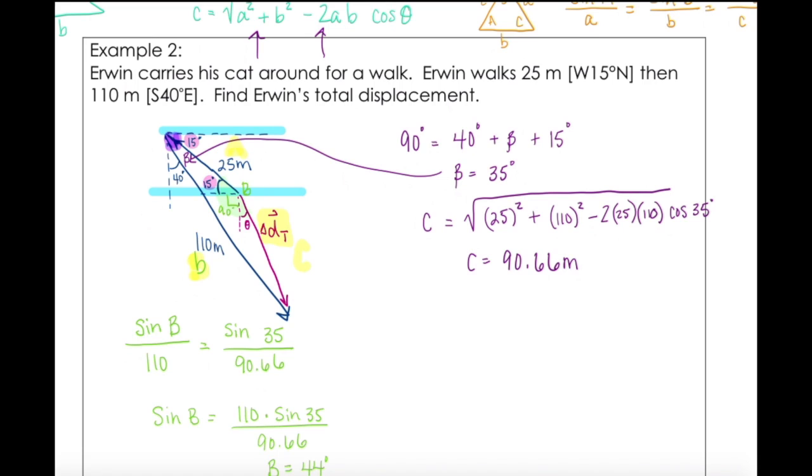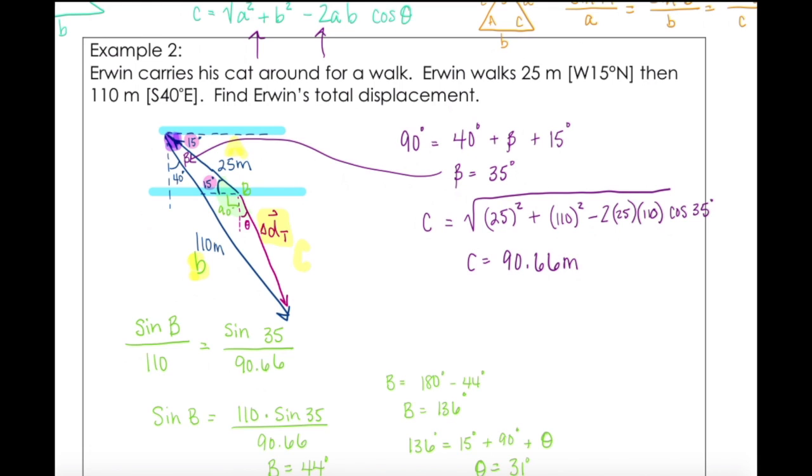In order to find the whole angle, we take 180 minus the 44 degrees, so angle B is equal to 136 degrees. Then we have 15 degrees plus 90 degrees plus theta. We can solve for theta, and we should find that theta is 31 degrees.